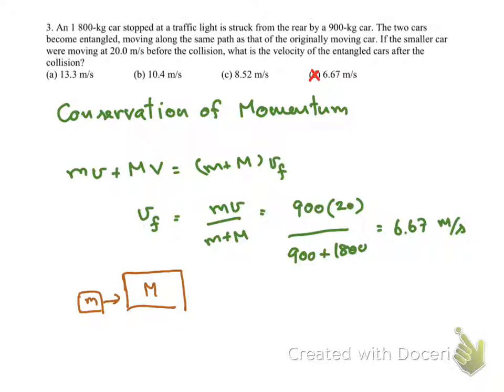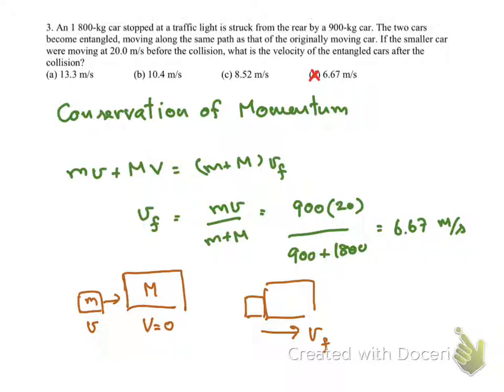This car moves with the velocity v, and the big car has the initial velocity equal to 0. After this event, both move together with the velocity vf.